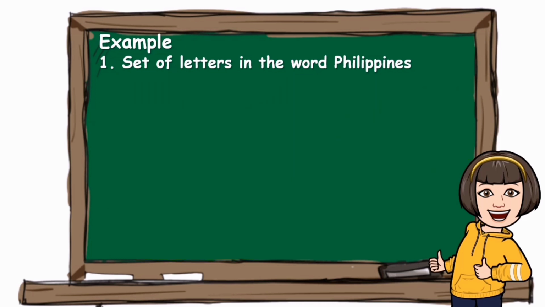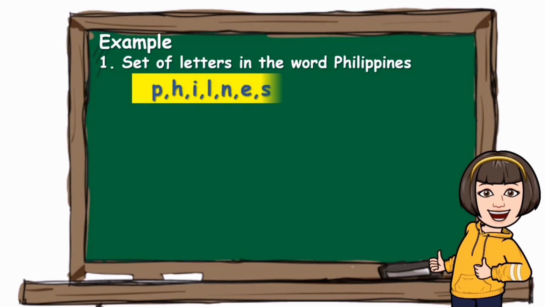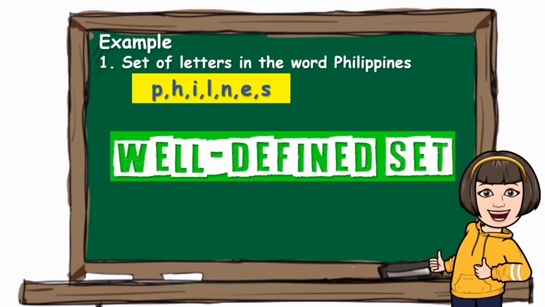Let us start with the first example, the set of letters in the word Philippines. The letters in the word Philippines are P, H, I, L, N, E, and S. If we can provide all the elements or the members of the given set, then it is a well-defined set.